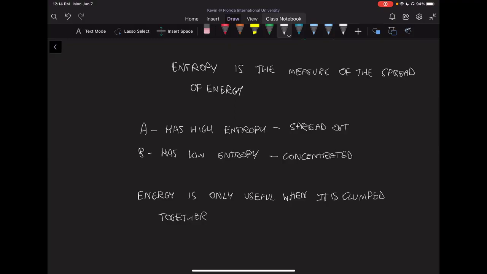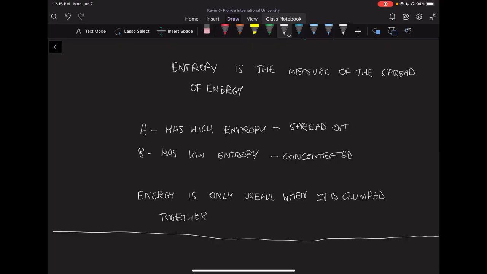If we have a very low entropy and the energy is clumped together, we can use that energy to spread it out, and by spreading it out, we're doing some useful things. So from a molecular point of view, you can now understand what entropy is and how it works. This was a little introduction to part 2, to make sure we understand entropy on a molecular level and look at it from a different angle than the usual definitions of disorder or order, which don't really make complete sense.